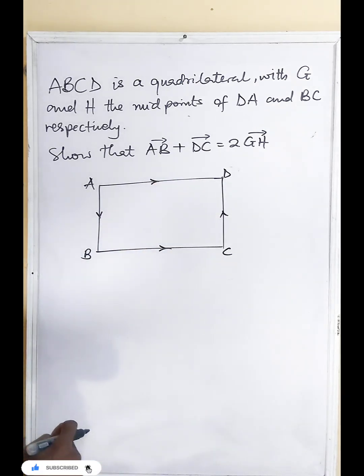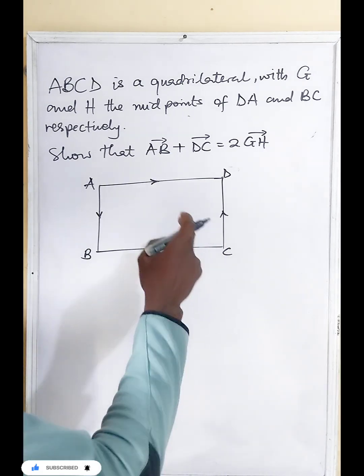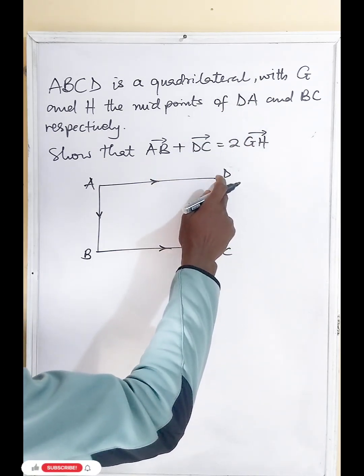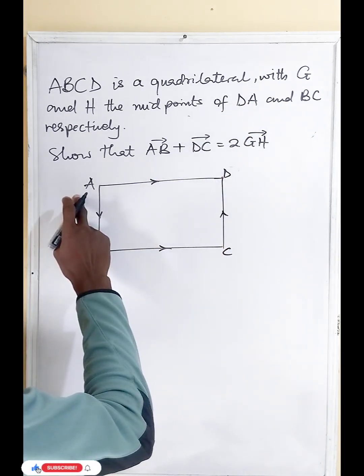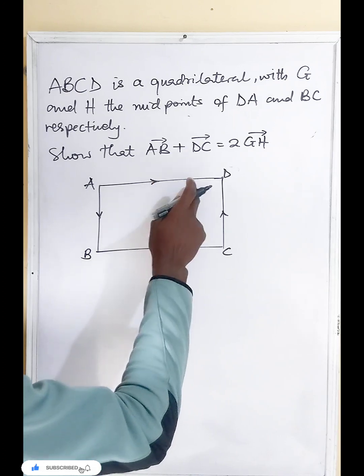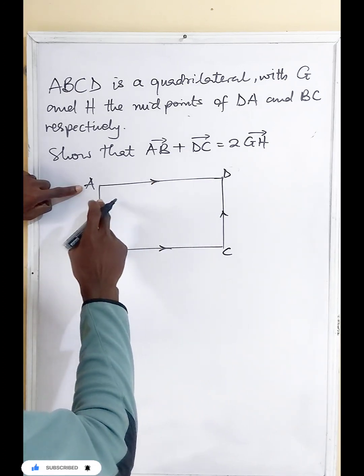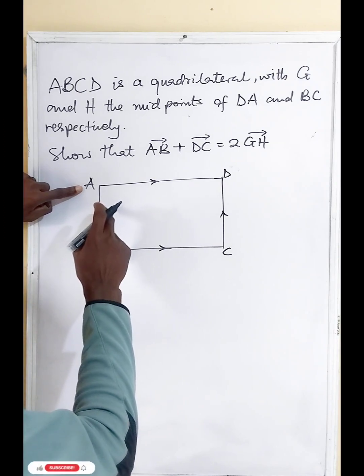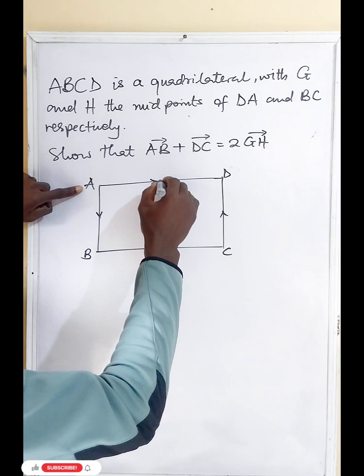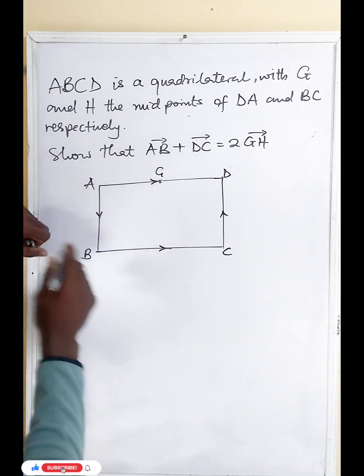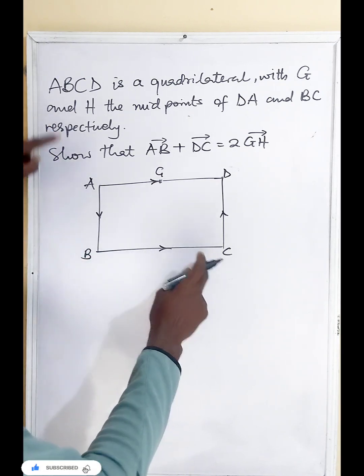And the midpoint of DA. G is the midpoint of DA, so from here to here, DA, so this is our G, and BC, H.